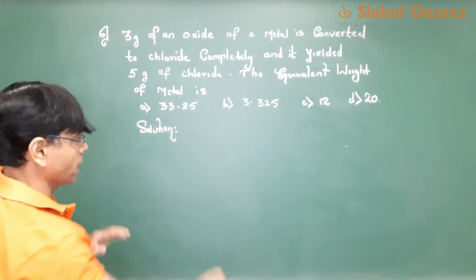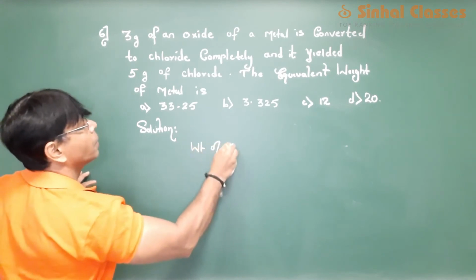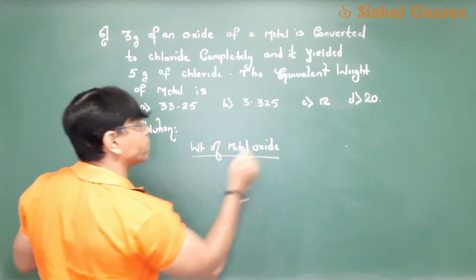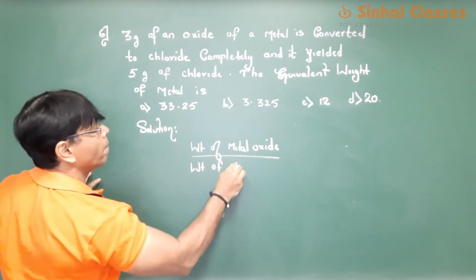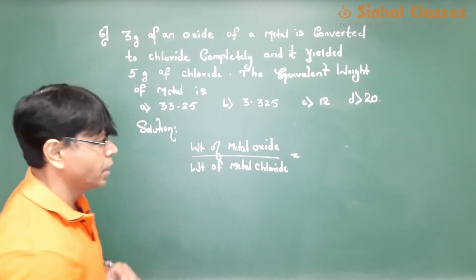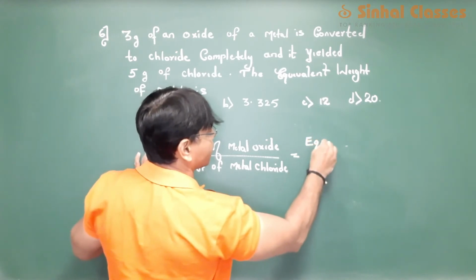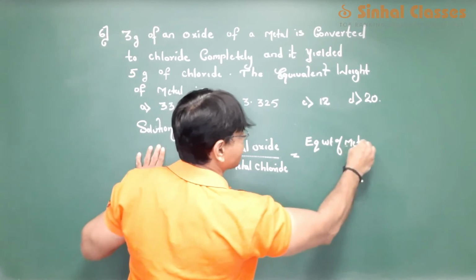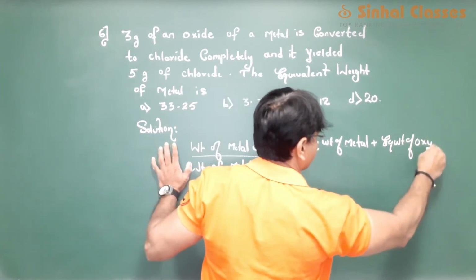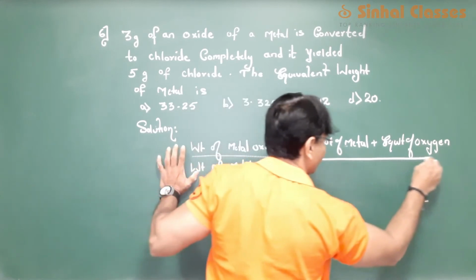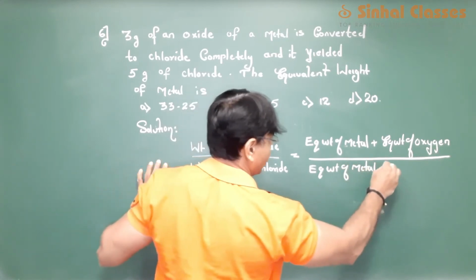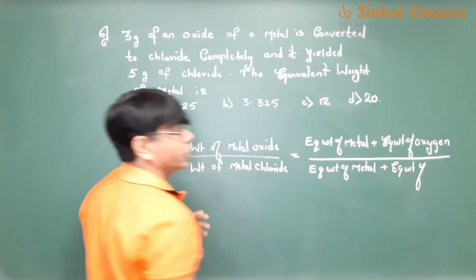Remember this relationship: weight of metal oxide upon weight of metal chloride is equal to equivalent weight of metal plus equivalent weight of oxygen, divided by equivalent weight of metal plus equivalent weight of chloride.